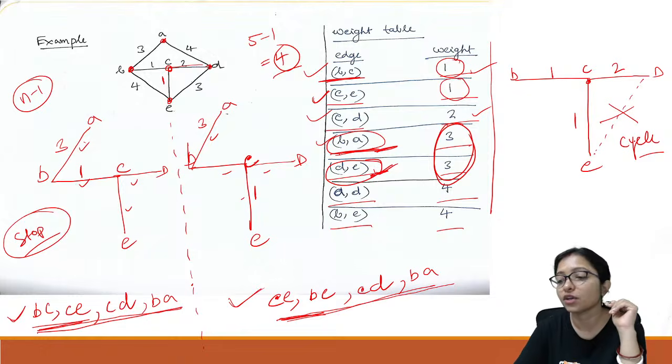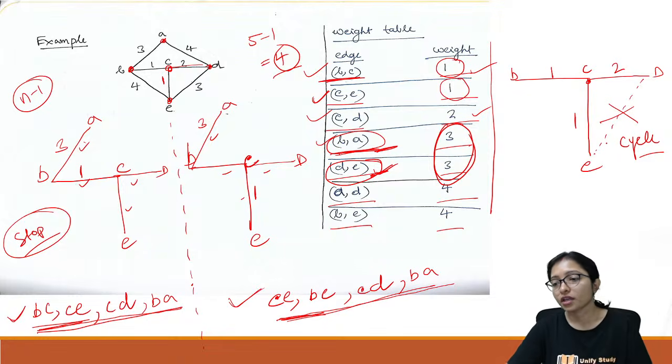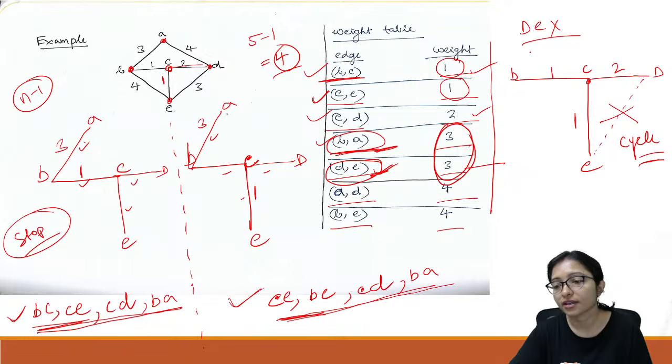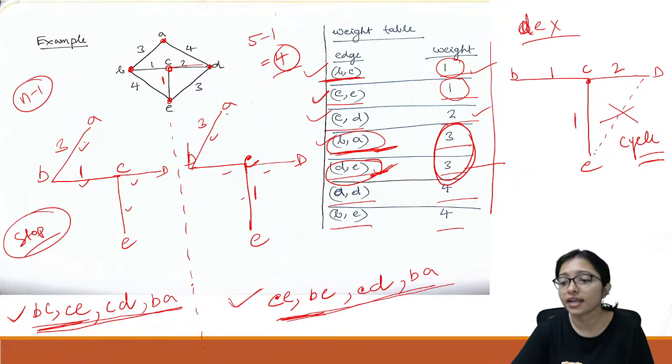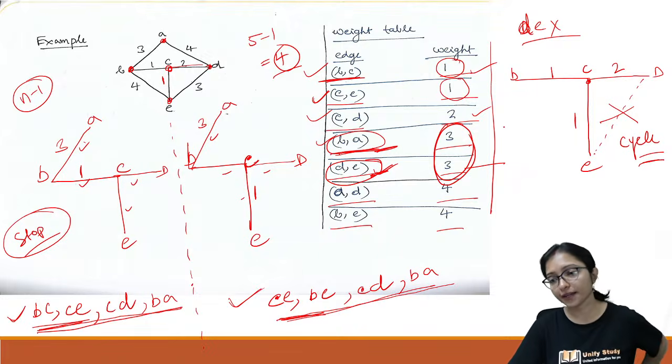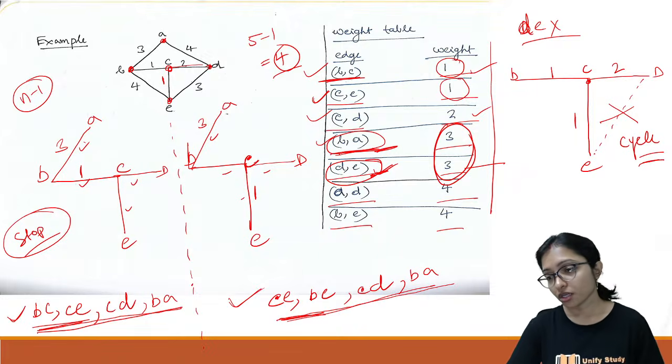That's why DE will not come. Got it, Anitha? You can see that if I am adding DE, it is creating a cycle. So you cannot take DE. If it is not creating a cycle, then you can take it. Okay? Clear?